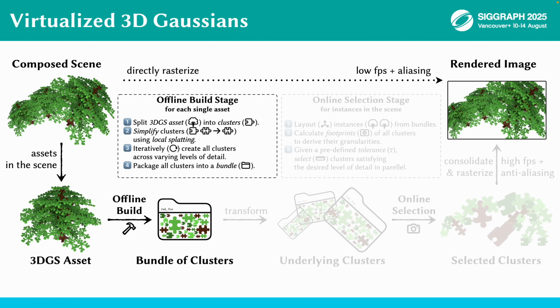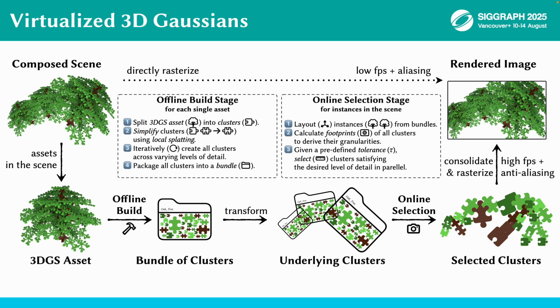To conclude, we propose virtualized 3D Gaussians, a post-processing cluster-based level of detail system for rendering approximately 100 million 3D Gaussians in digital worlds in real time, with a build stage constructing hierarchical clusters and a selection stage that filters necessary clusters.